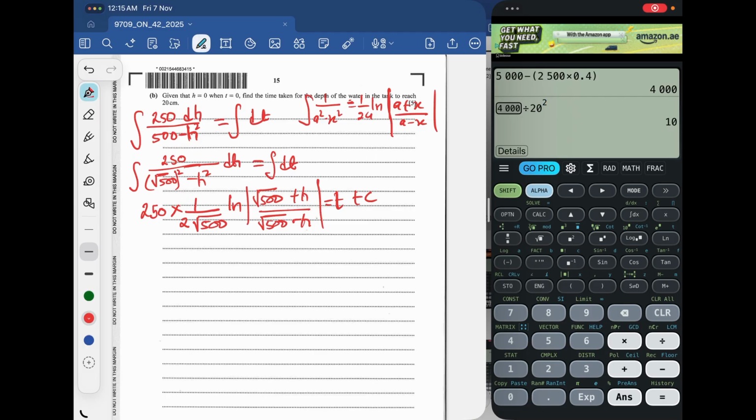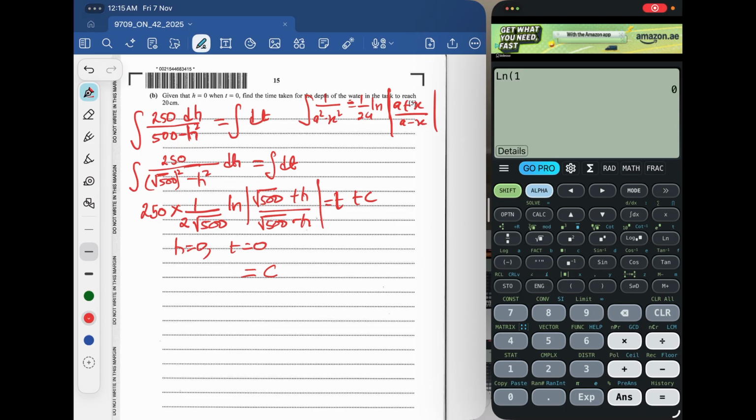Because if I integrate, I have to put a limit. They told me h is 0 when t is 0, right? So if I put h as 0, t is 0, and I need to find c. With h as 0, this will just be ln 1, and ln 1 is 0.